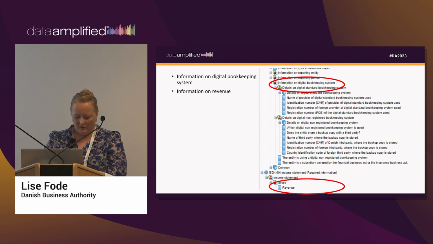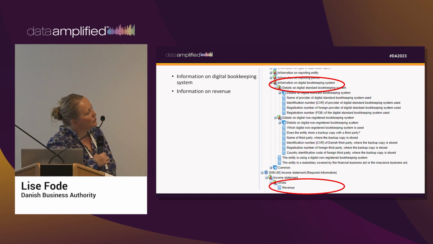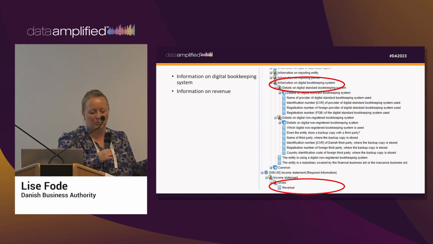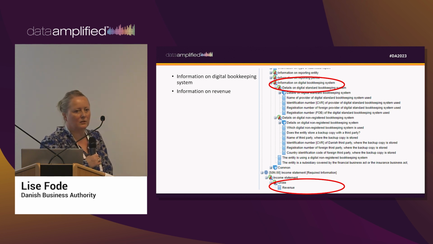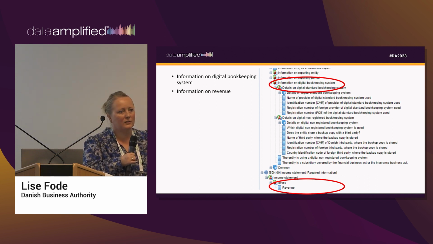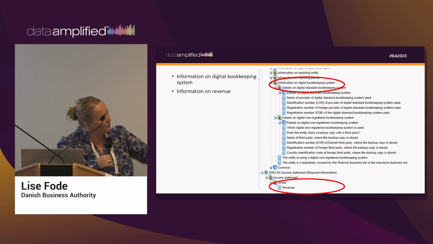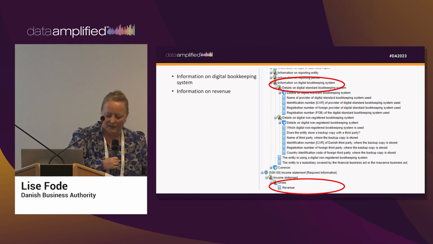And what information is in that entry point? We introduced this appendix entry point in 2021, where only information on revenue was added. So it was actually a very, very little taxonomy entry point. So it only had revenue alongside some metadata.